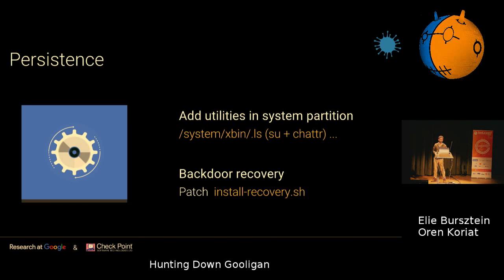We did not enumerate all the different utils, but interestingly, you can see this .ls util, which is the SU binary, and it's installed, and then its permissions are changed and frozen so that the SU binary would be encapsulated just for the Gooligan malware to use.